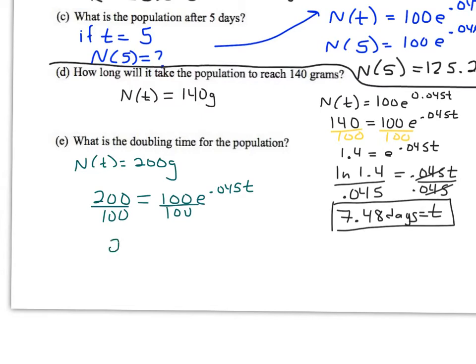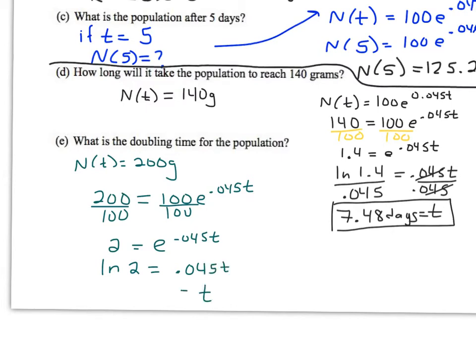200 divided by 100 is 2 equals e to the 0.045t. Very similar to the one above, we'll switch it to log form. So this would be natural log of 2 equals 0.045t, pardon me.